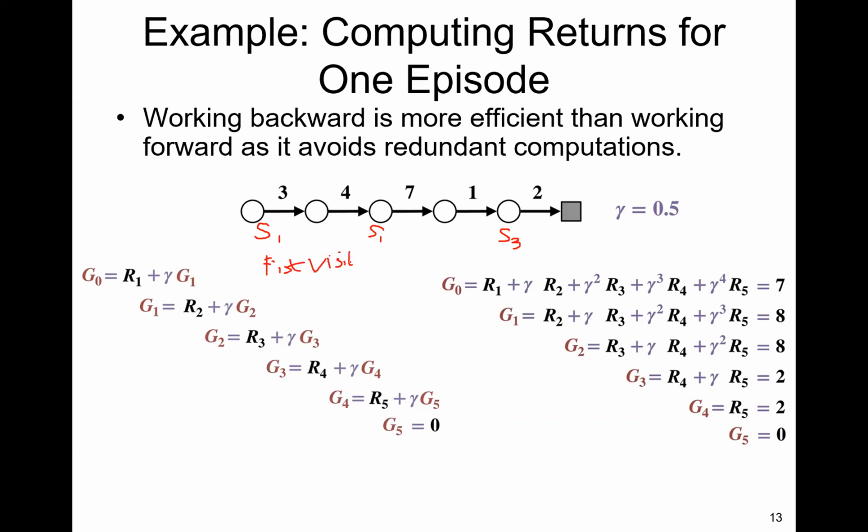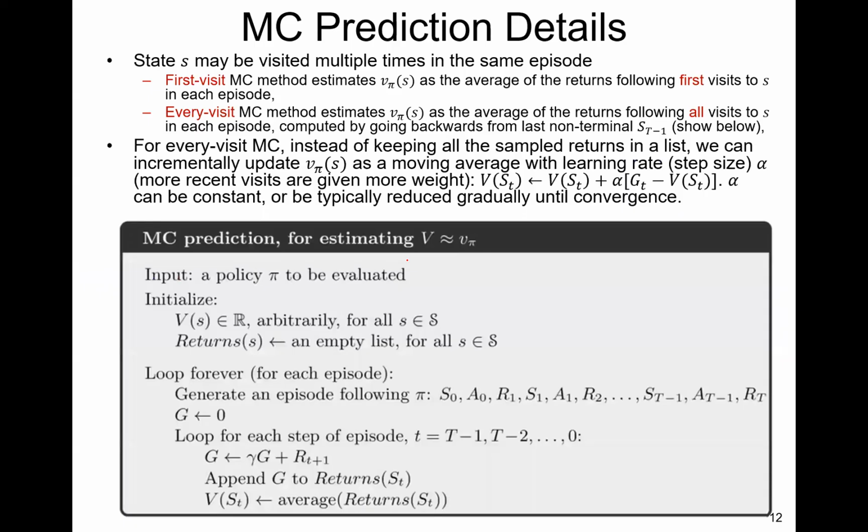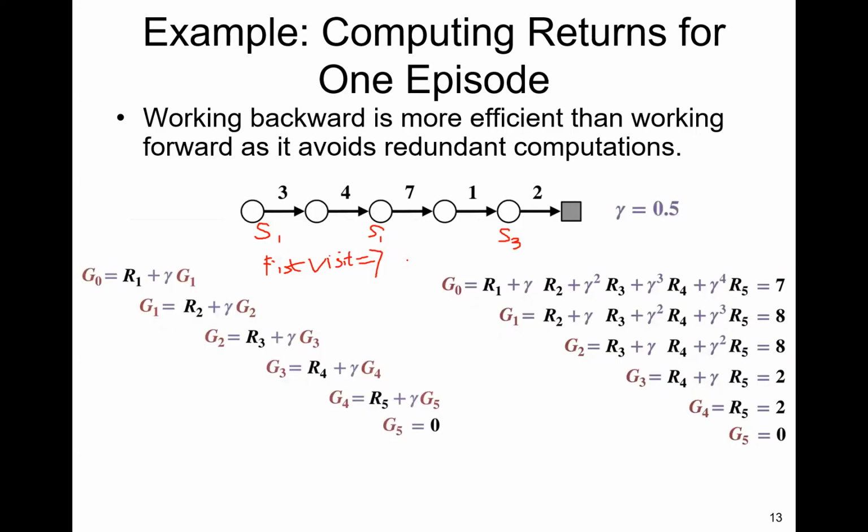It should be a 7 if you use first visit MC. But if you use every visit MC, then it should be an average of 7, 8, and 2.